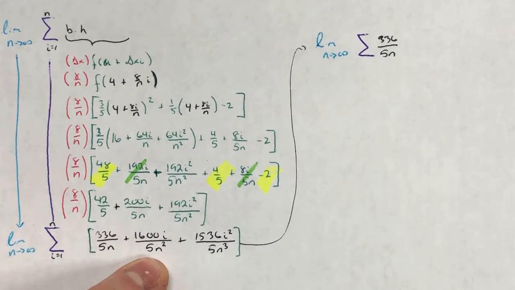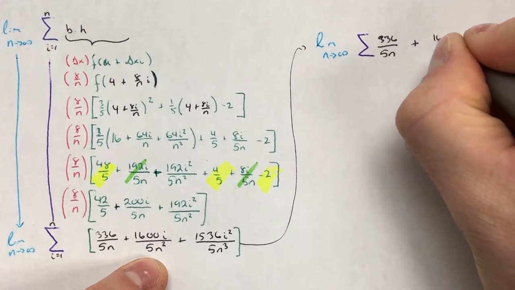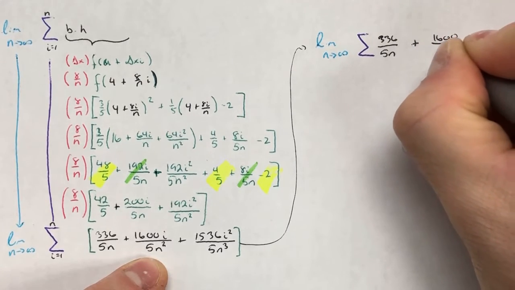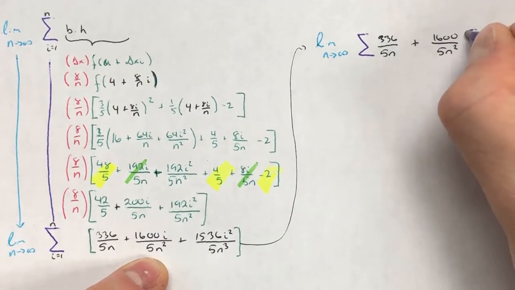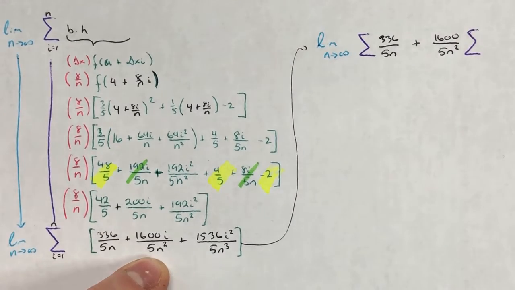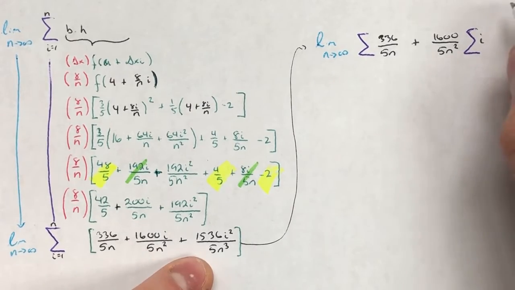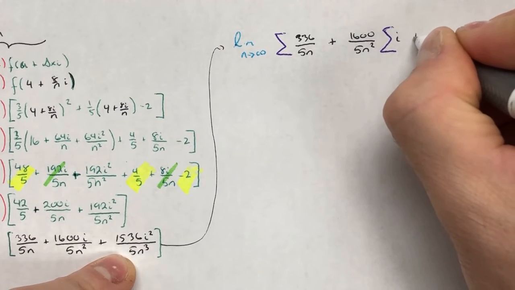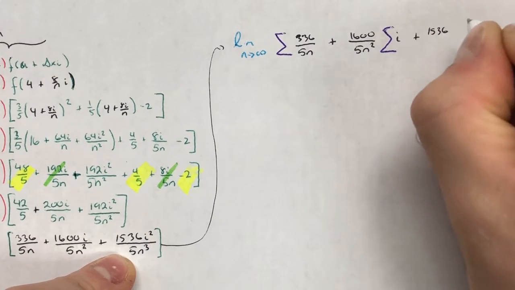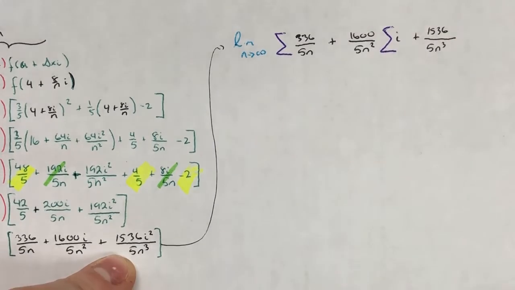We're going to pull out the coefficient of 1600 over 5n squared, and we're going to leave the i in there, because that's going to allow us to sum the i. And we're going to pull out the next coefficient right here and say plus 1536 over 5n cubed.